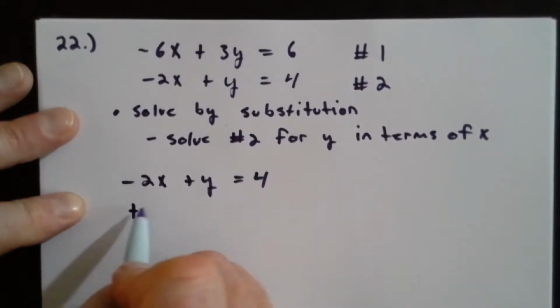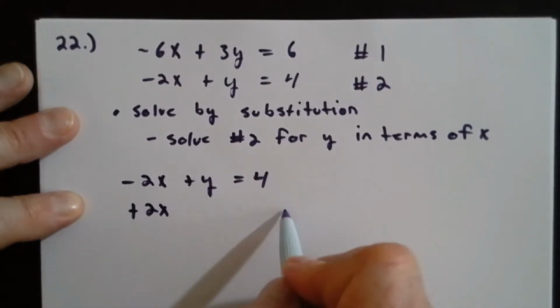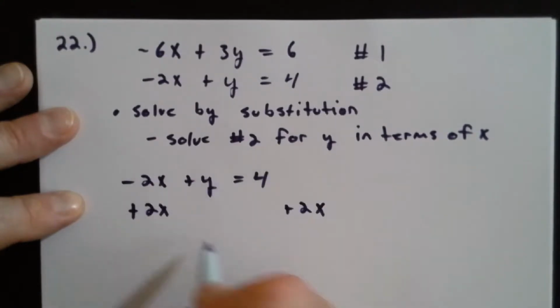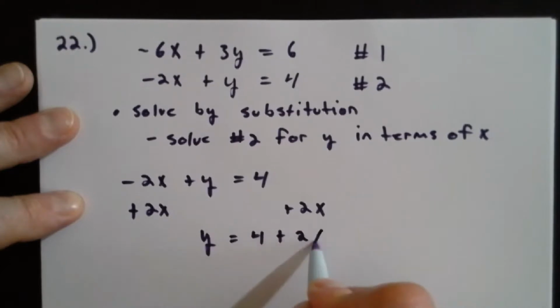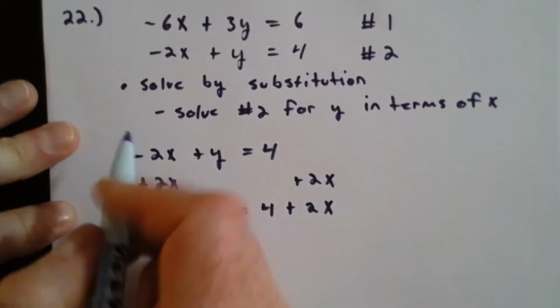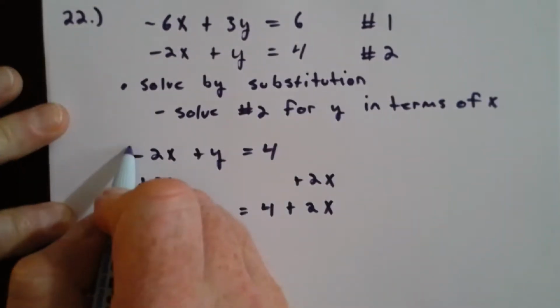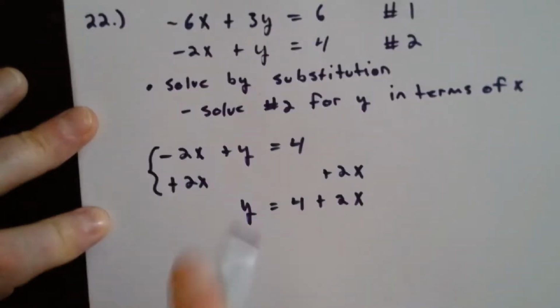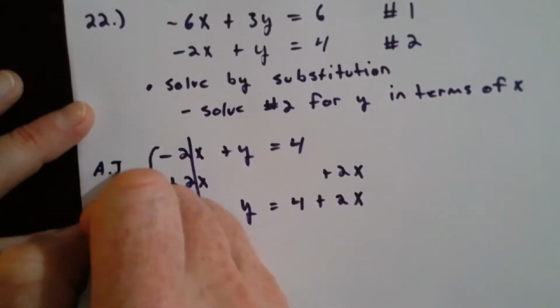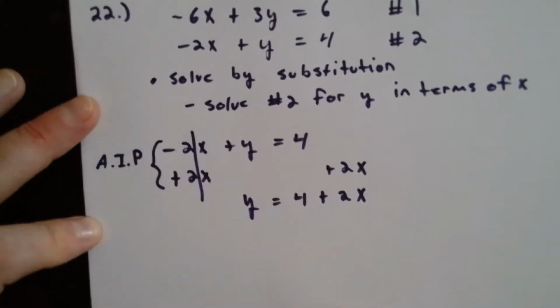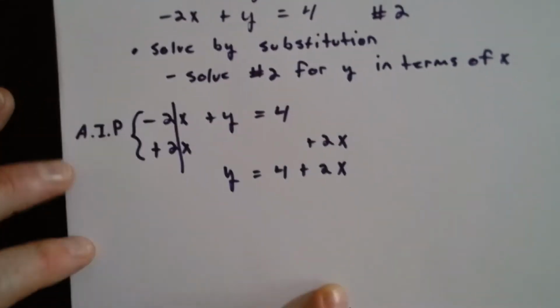So we're going to add 2x to both sides, plus 2x, y is equal to 4 plus 2x. Of course, this is the additive identity property. Just gives us a 0.